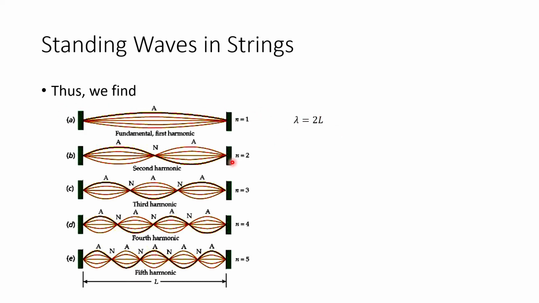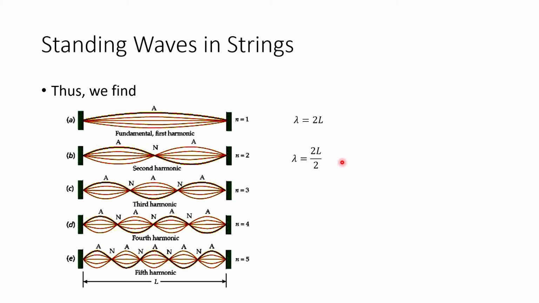However, once you increase the number of nodes right here, you can see that you can reduce the lambda, and the condition that the lambda has to satisfy in order to create this standing wave is that this whole lambda has to be the entire length here.